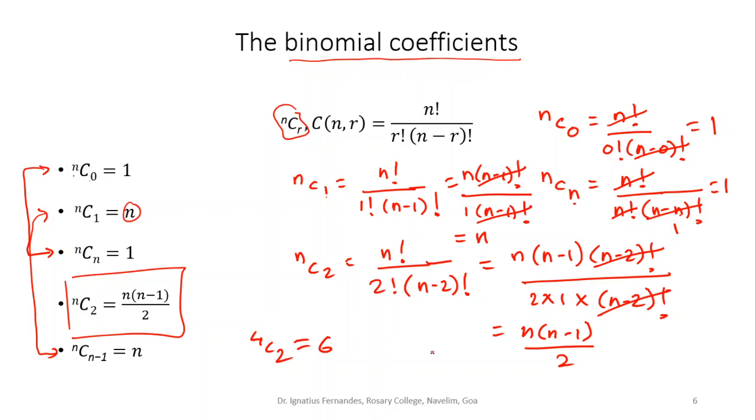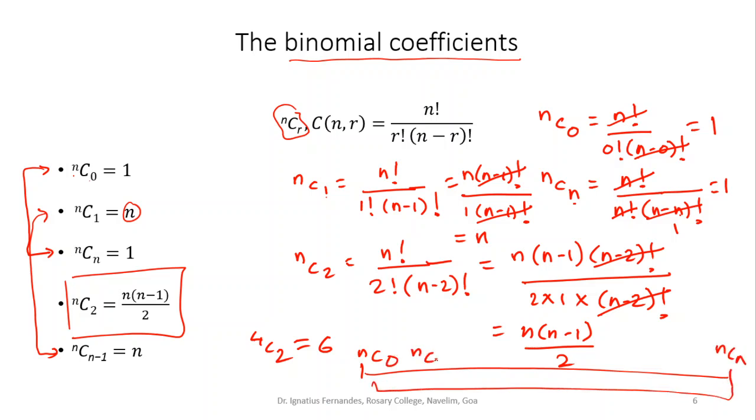Now if you see carefully, nC0 and nCn both are same. nC1 and nC(n minus 1), these are same. So we have a symmetric distribution here, where the first and the last are same, second and the second last are the same, and so on. In fact, we will be talking about this property in detail.